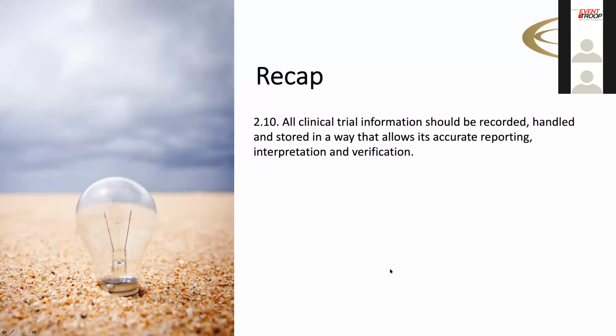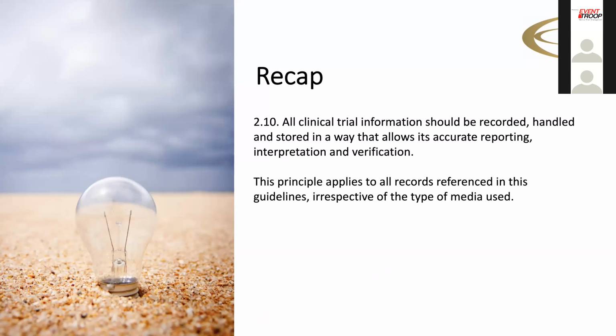And this is what we shall be focusing on today, this specific principle. Now, this principle applies to all records that are referenced in the guidelines. So for example, this includes electronic records as well as paper records.